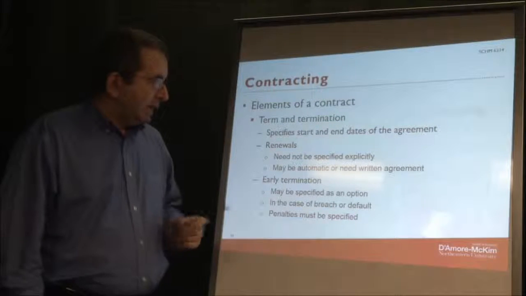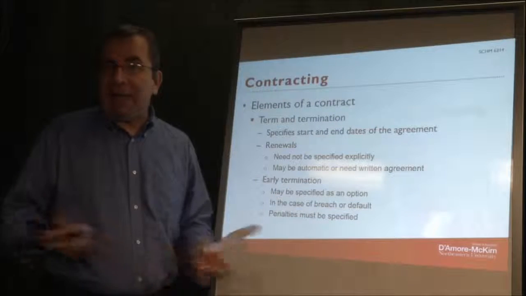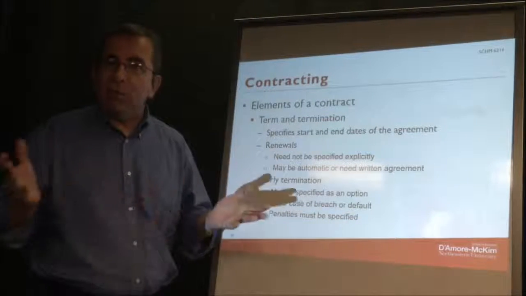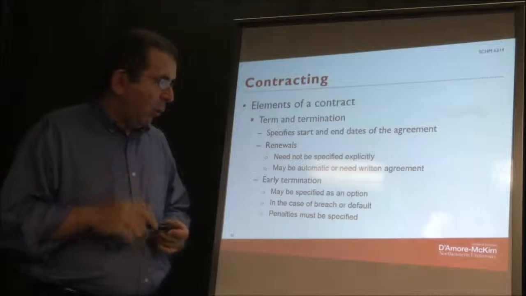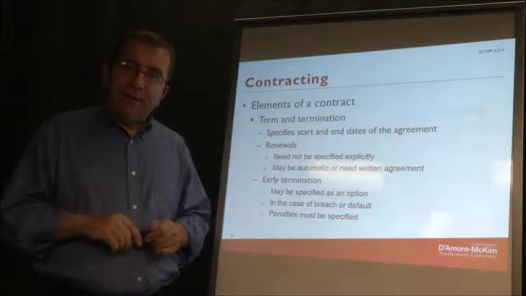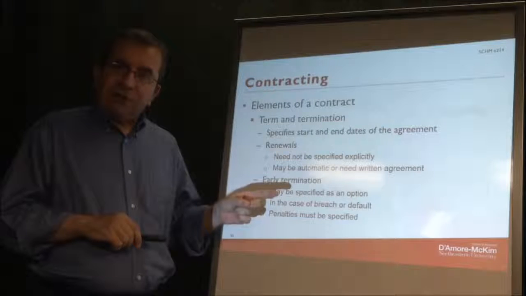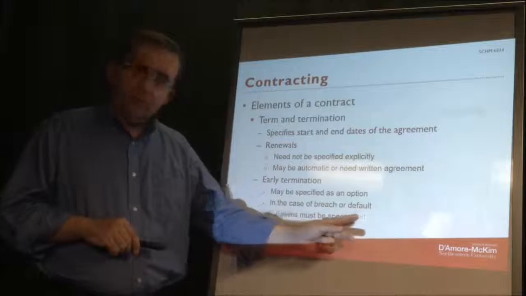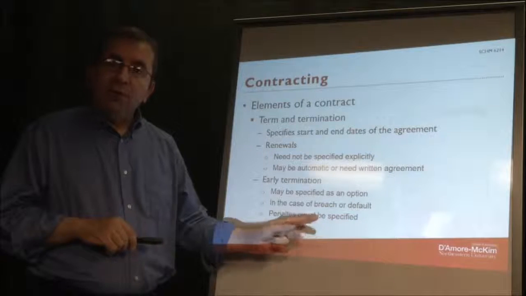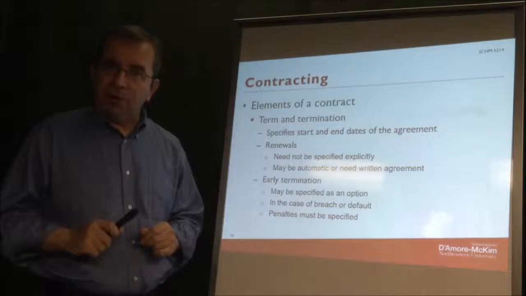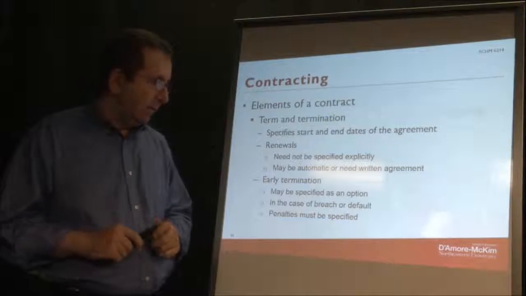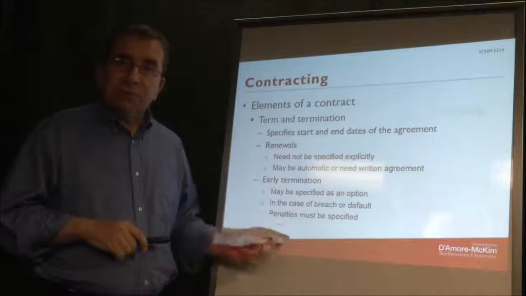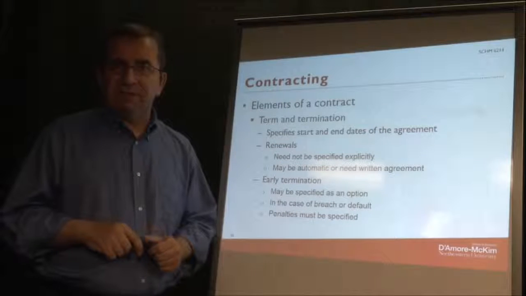Okay, so this could be an option. You can say either party can get out of this contract at their will, or you can specify this contract will be terminated early in the case of breach of contract or default of either party. Okay. And in those cases, you could specify penalties.